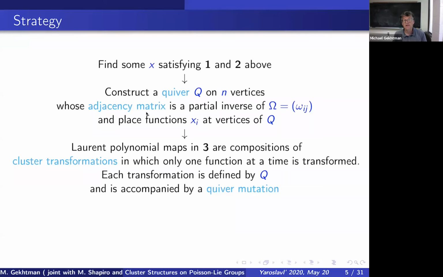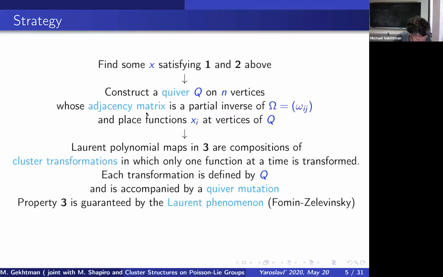Since I go from one coordinate chart to another, my Poisson bracket changes. It's still log canonical, but it changes. So this matrix omega will change, and so its inverse will change, and this will result in a change in our quiver. This is maybe a lot to absorb, but let's go through the example.